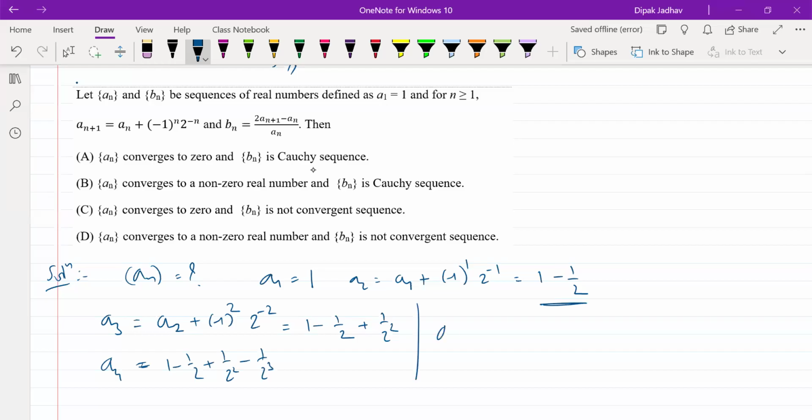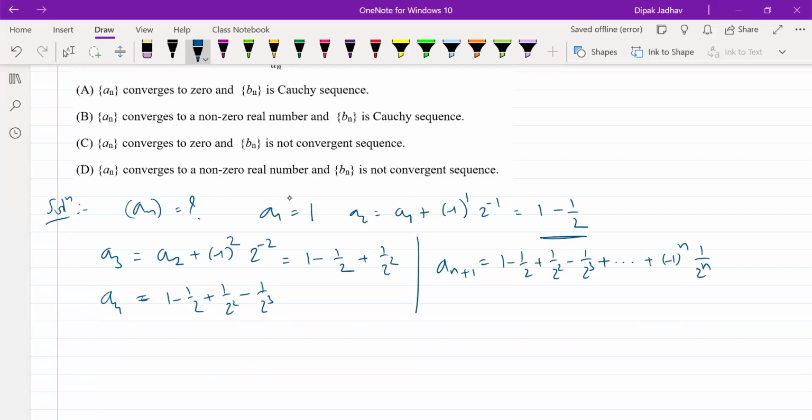So this shows a pattern. An plus 1 will be 1 minus half plus 1 by 2 square minus 1 by 2 cube and so on, plus minus 1 raised to n into 1 by 2 raised to n. Is that okay?